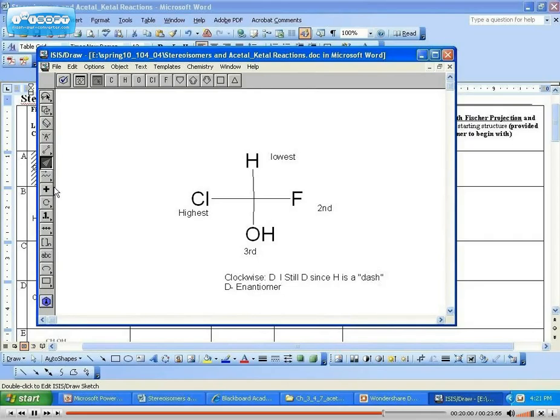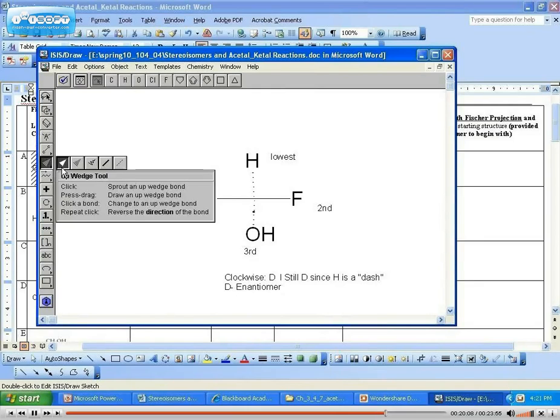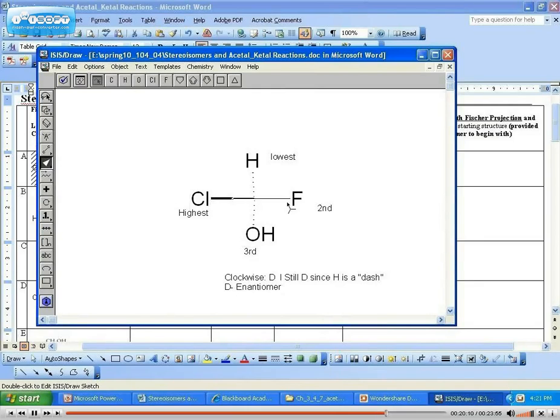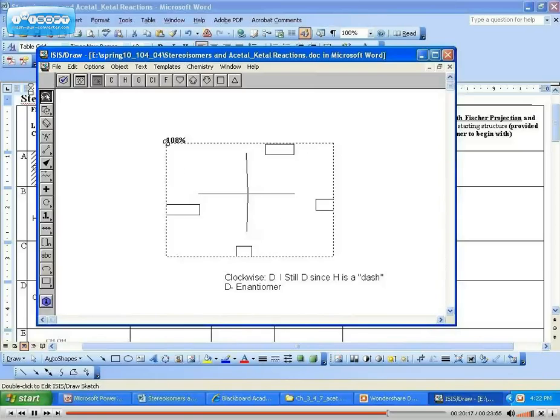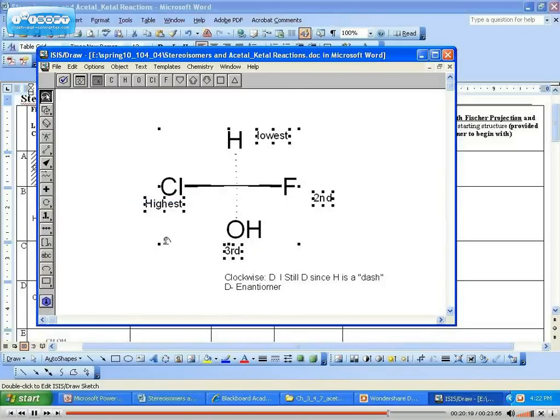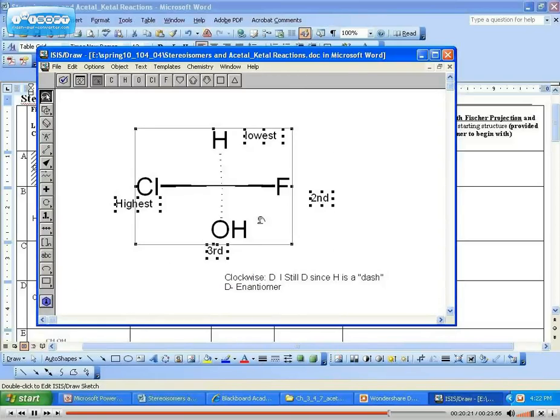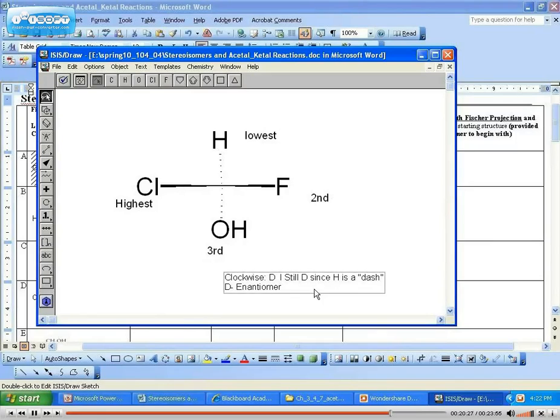Now, in case you're still practicing your Fisher projection, the verticals are always going to be dashes, and the horizontals are always going to be wedges, at least for my examples. So here it makes it a little bit easier to see the dashes and the wedges. Consequently, this is a D enantiomer.